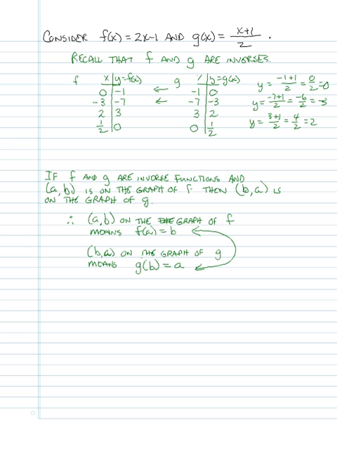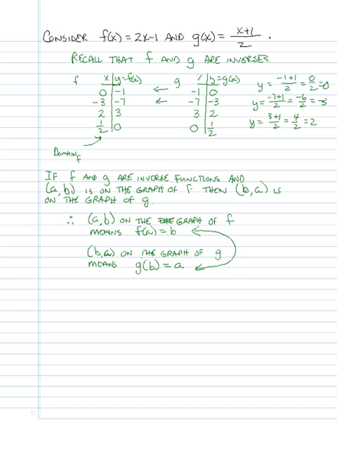Now, let's get back to domains, okay? The next thing I said about the relationship between these functions, notice that this list of numbers are numbers that are in the domain of f. And that's not the whole domain, but it's a list of numbers that are in the domain.